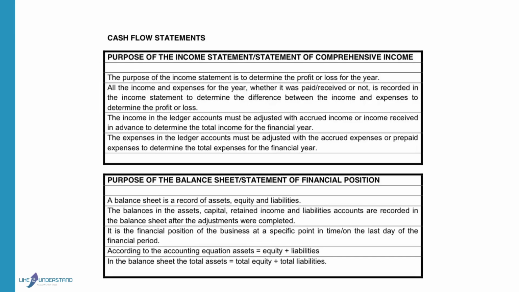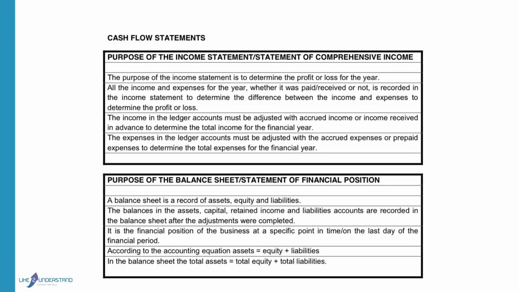If you pay the expense in advance for the next year, then you will do a recording in your ledger account to reduce your expense so that you will only show the expense for the current year in the income statement.